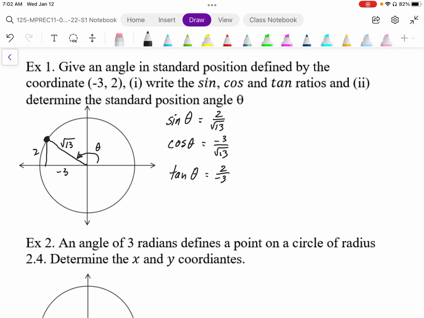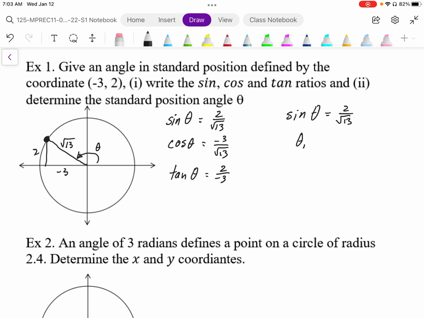Now to find the standard position angle, I need to use an inverse. So I'm going to need to inverse either the sine, the cosine, or the tan. For this particular purpose, I'm going to use sine. Cosine actually would have been the better one because it would read directly. But starting with this expression, I'm going to inverse it.